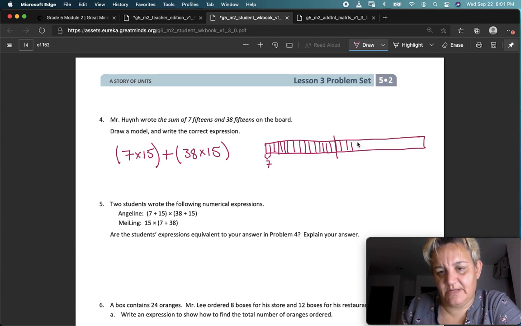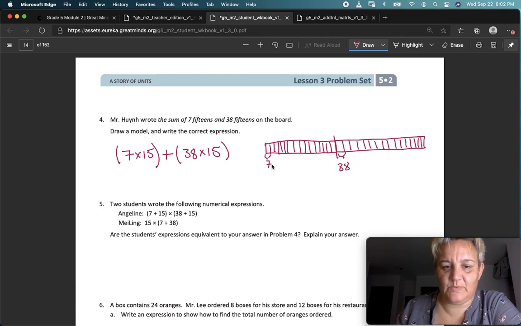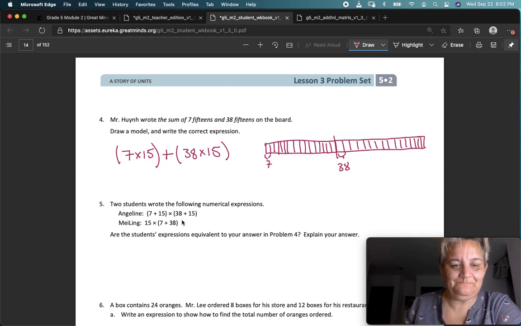Oops, that got a little out of hand, didn't it? And each of these represents 38. Okay, so there's my expression.